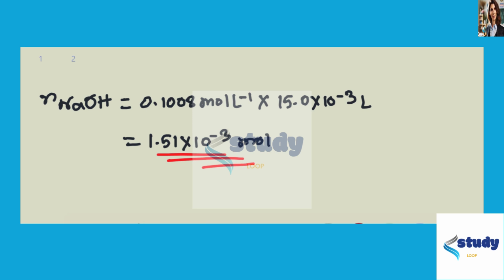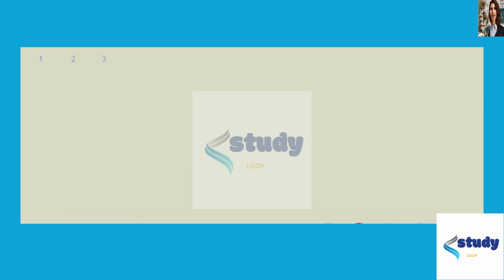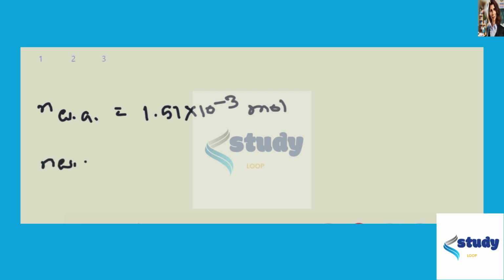That means the number of moles of the weak acid is the same as this. So we can write the number of moles of the weak acid as 1.51 times 10 to the power minus 3 mole.